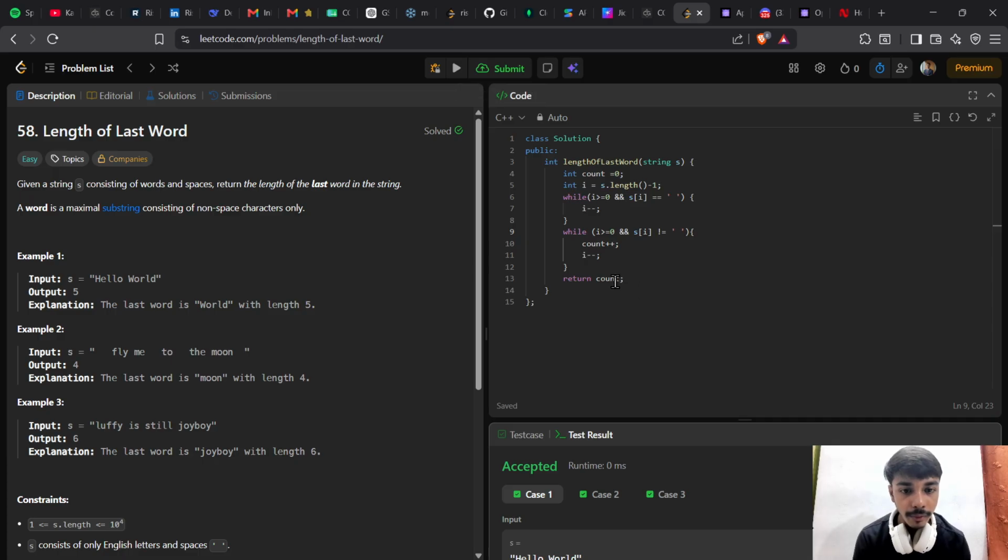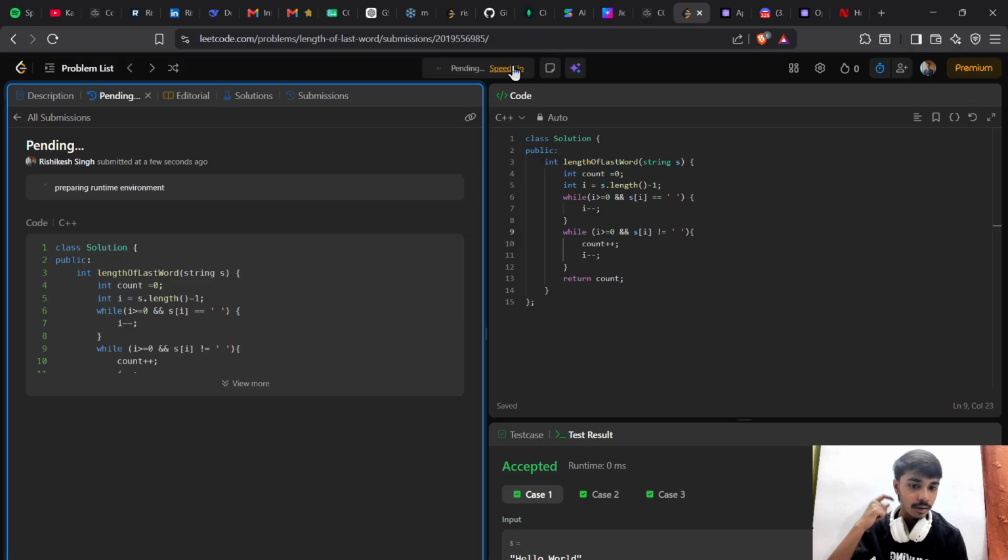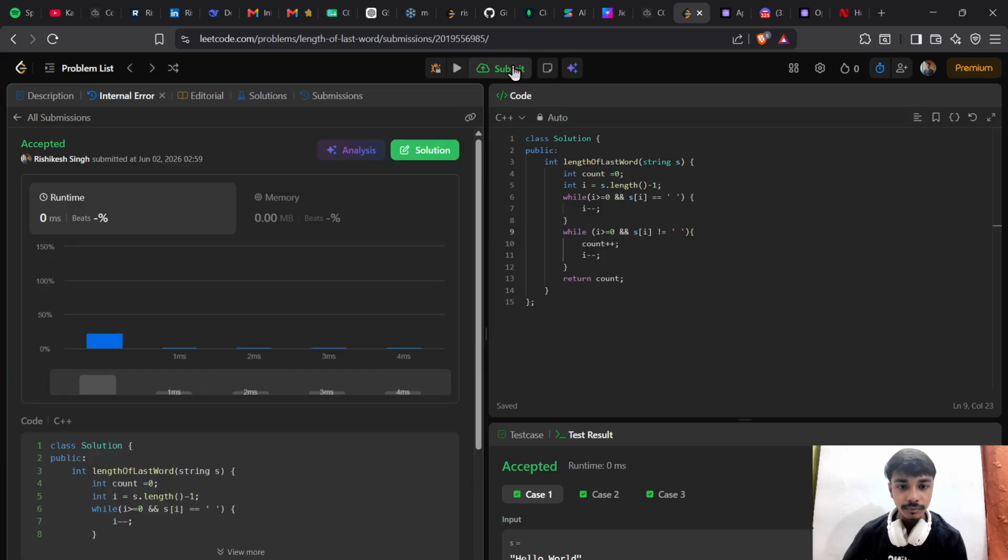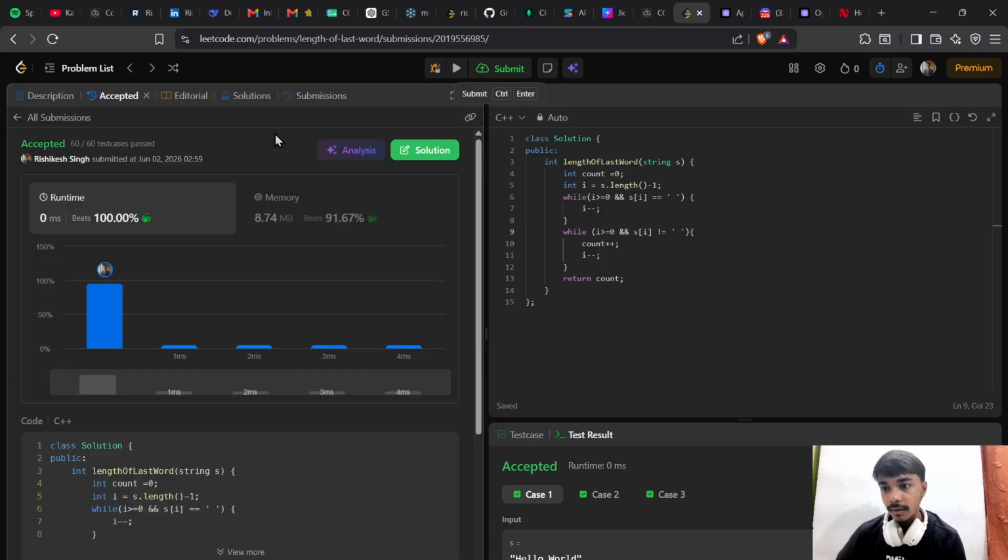Basically, we have to find the length of the last word, so we don't need to reset the count. As we hit this space, we directly got the count. Okay, it got submitted.